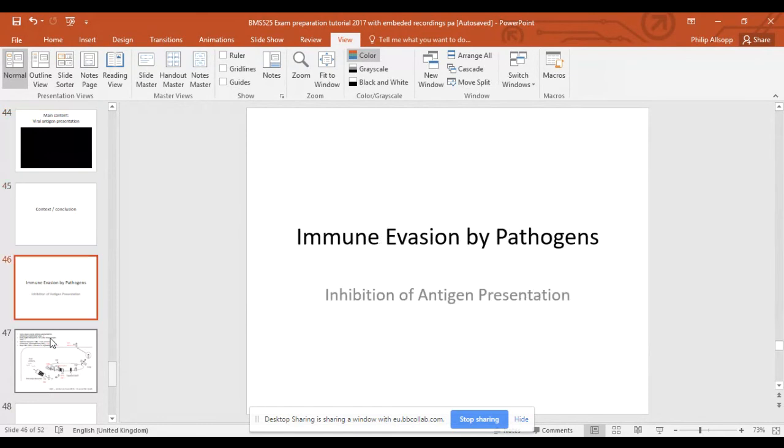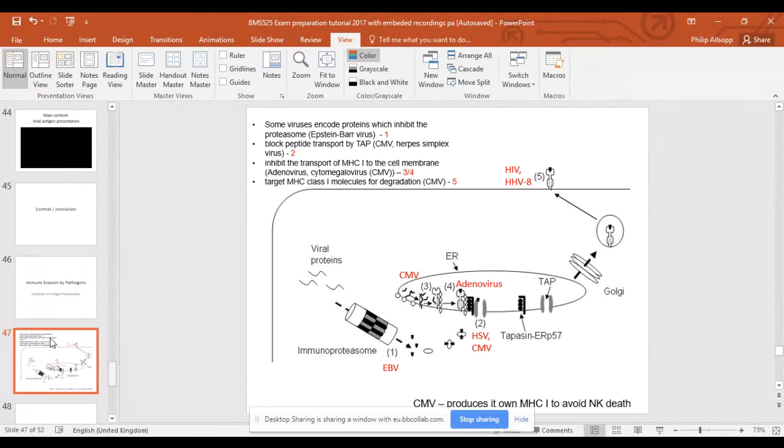In terms of context and conclusion, you would give an example of how a virus is able to stop the antigen presentation pathway. In this slide, you can see a few examples: for instance, Epstein-Barr virus can inhibit the immunoproteasome, and there are a whole range of other viruses that will inhibit TAP, inhibit the formation of MHC1, or inhibit the arrival of MHC1 at the surface of the cell.